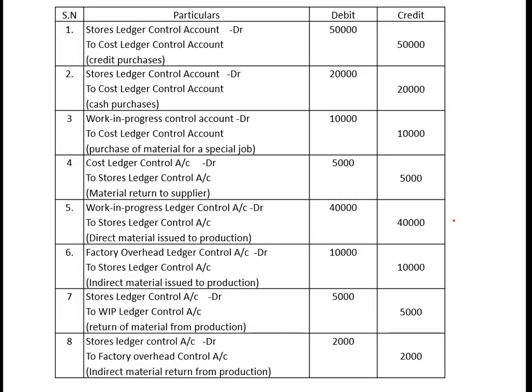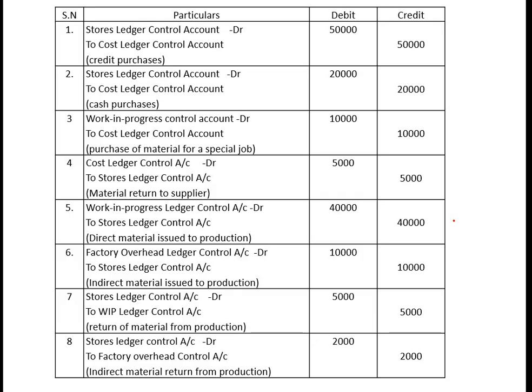If the material would have been indirect, then entry would have been factory overhead ledger control account rather than work in progress. So all indirect material, indirect labor, indirect expenses will be charged to respective overhead account, or factory overhead, or you can say administrative overhead, or sales or distribution overheads, as the case may be.